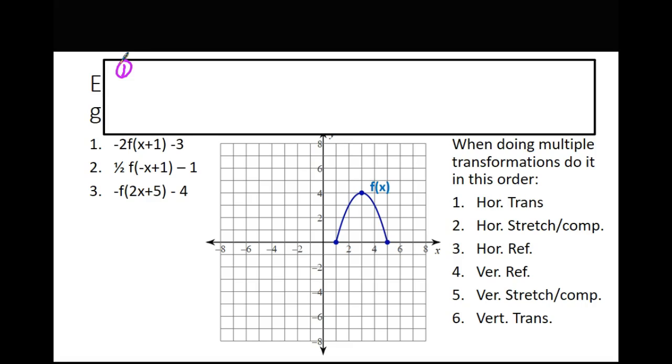The half, the -1, this +1, or -1? That one? You're right. Okay, my next question is going to go to Danielle. What does that 1 do? Let's write that. Left 1. What's the next number I'm going to look at?